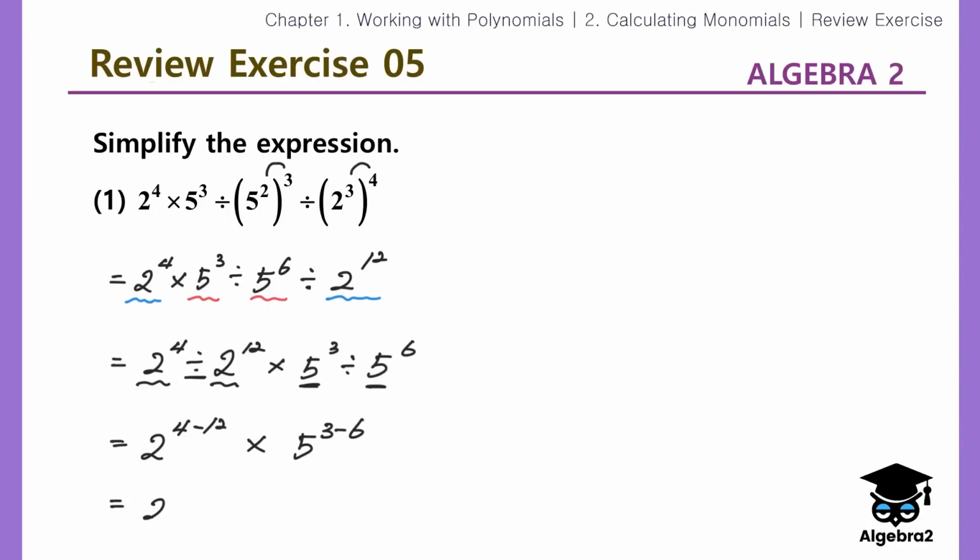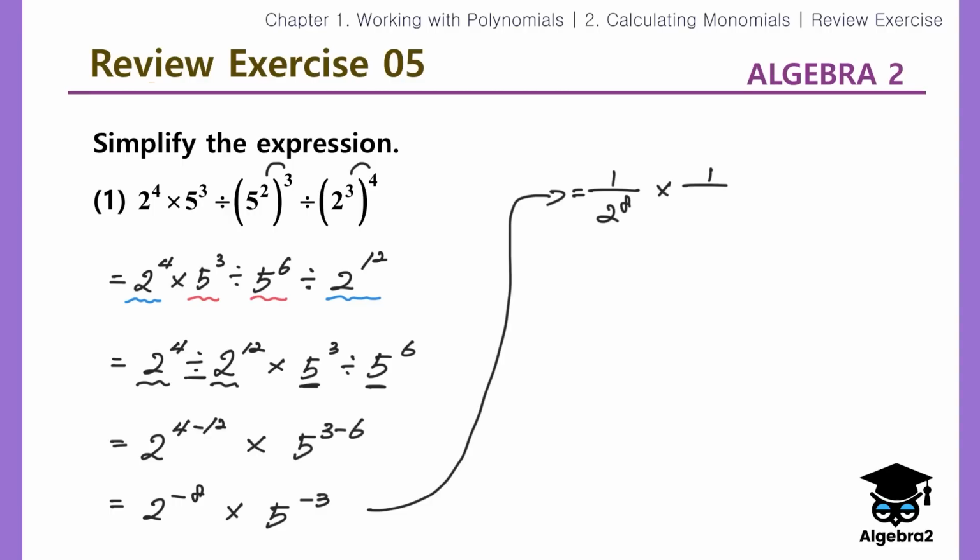So that's 2 to the 4 minus 12, that's negative 8, times 5 to the 3 minus 6, that's negative 3. If we have negative exponents, then that becomes 1 over 2 to the 8 times 1 over 5 cubed, right? So we could just write that's 1 over 2 to the 8 times 5 cubed.